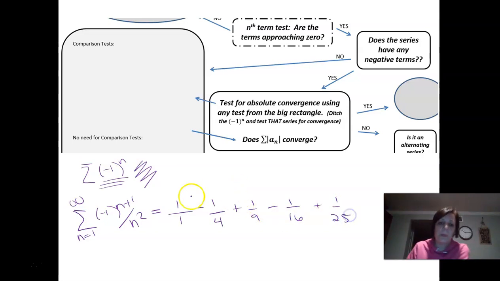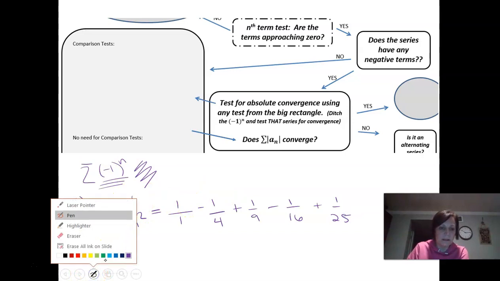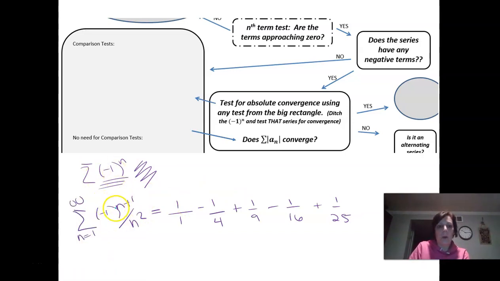Obviously you can see this series has some negative terms, right? Well, I can't take negative terms into my rectangle. Most of my tests won't handle negative terms, so what they tell us to do up here is throw away those negative terms.